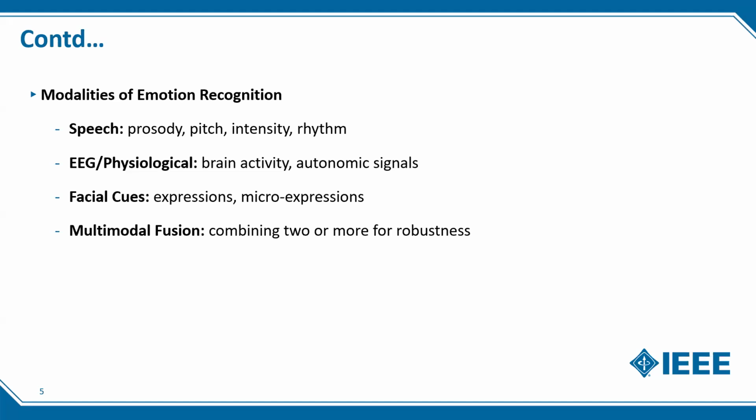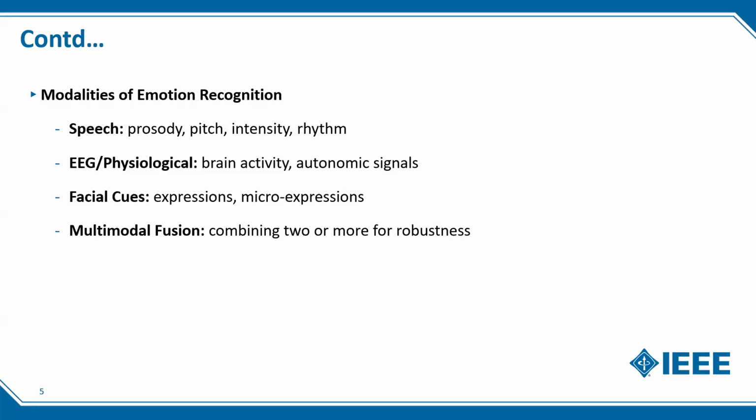And now coming to the modalities of emotion recognition. Okay. If it is speech, the prosody of speech, pitch, intensity, rhythm, etc. These are some of the features we'll be mainly concentrating on.